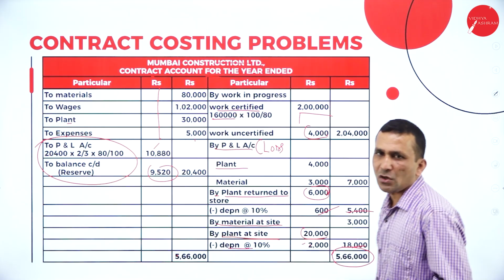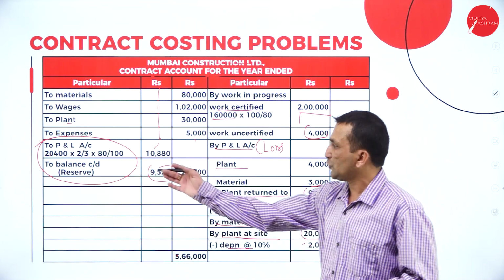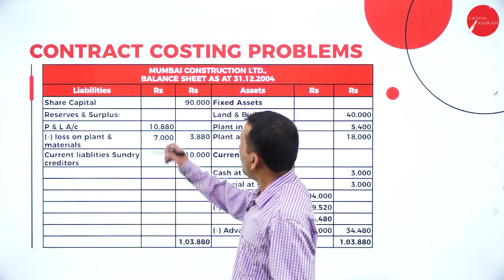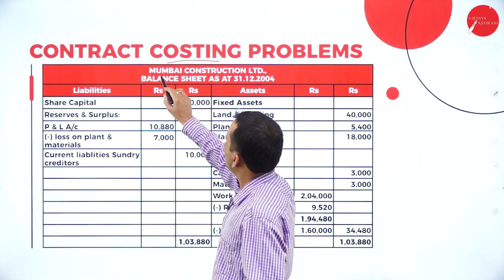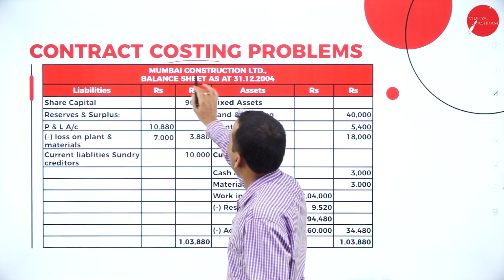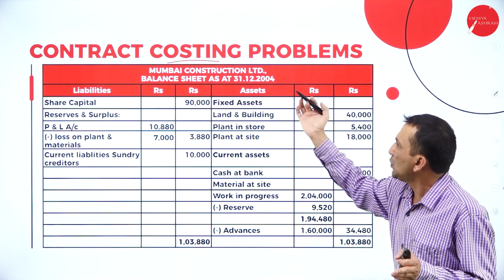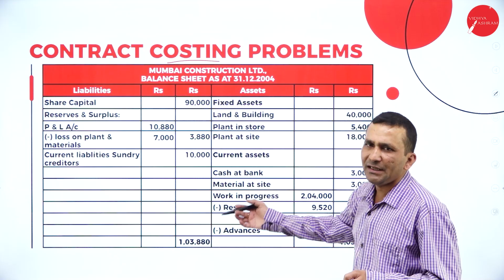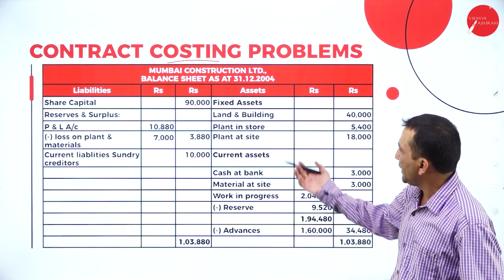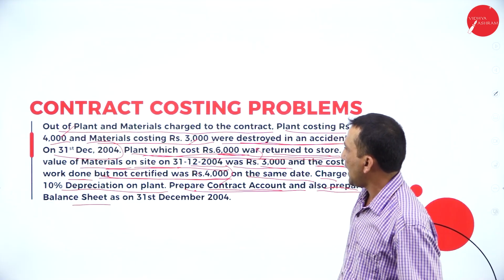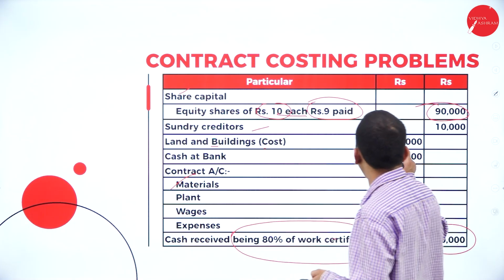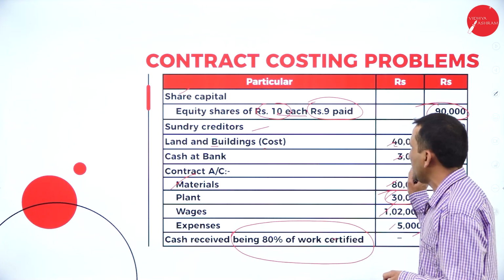So the reserve goes in while you are preparing the balance sheet. Now moving to the balance sheet, the Mumbai Constructions Limited balance sheet as at 31/12/2004. Asset side, in the trial balance they clearly gave it: land and building 40,000, cash at bank 3,000.